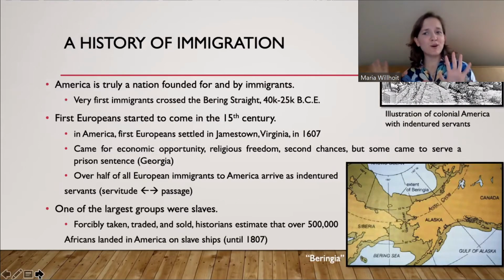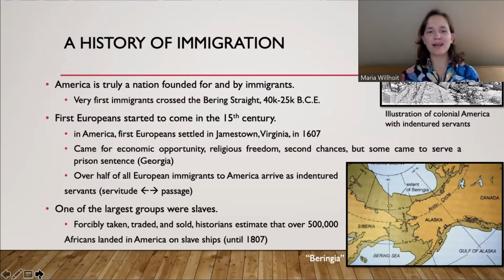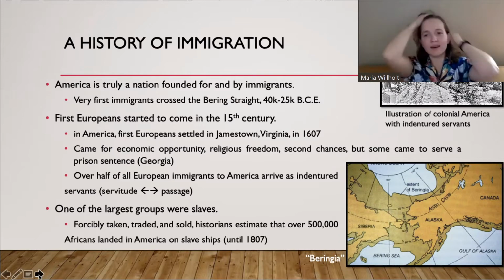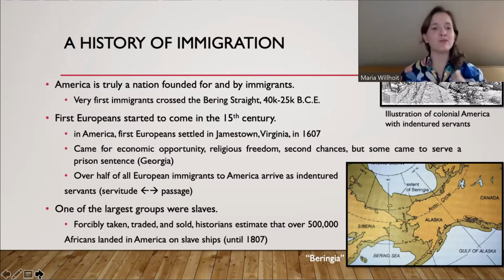But to go back to immigration, and that's where I'm beginning my lecture today, I have to go back to the beginning of America, because obviously America was founded on immigration. In fact, even the Native Americans who were here before any Europeans arrived also migrated.